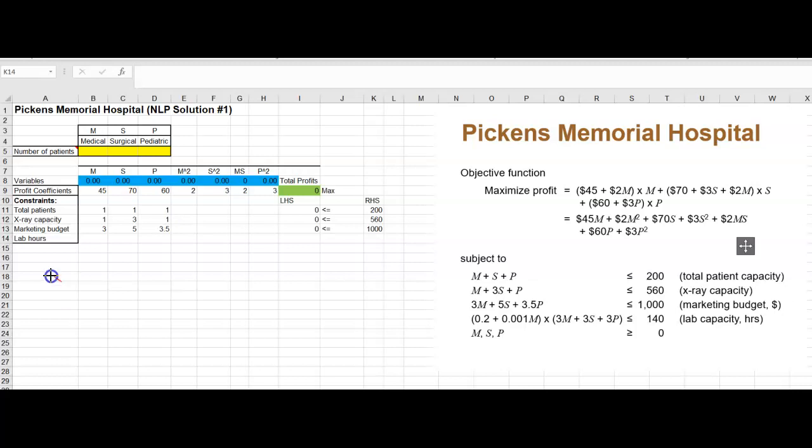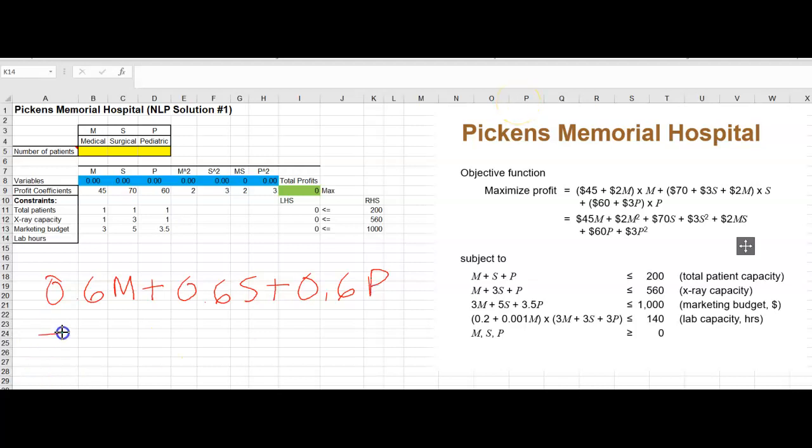So it becomes 0.6m plus 0.6s plus 0.6p. The 0.01m, again, also gets multiplied with 3m, 3s, and 3p.